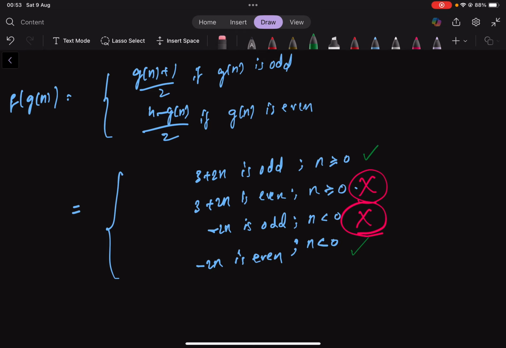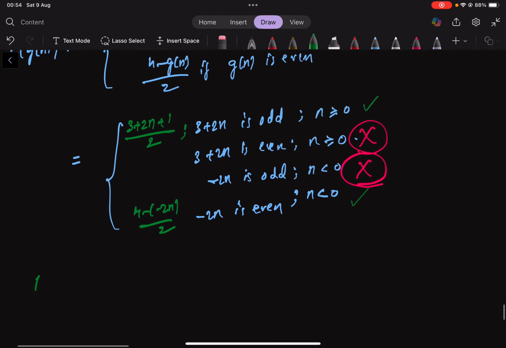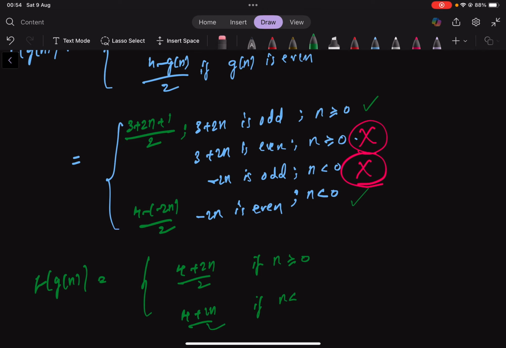So g of n is 3 plus 2n in this case, so (3 plus 2n plus 1) by 2 in the first case, and in the last case it will be (4 minus of minus 2n) by 2. So f of g of n will be (4 plus 2n) by 2 if n is greater than or equal to 0, or (4 plus 2n) by 2 if n is less than 0.